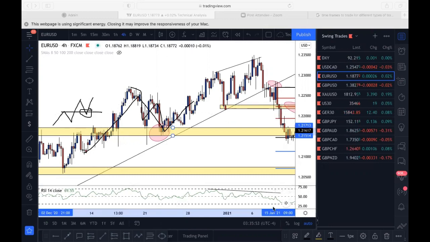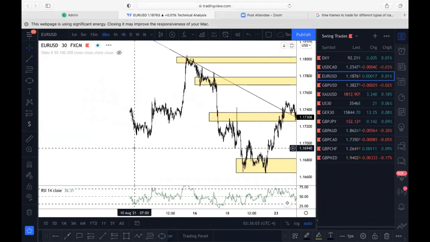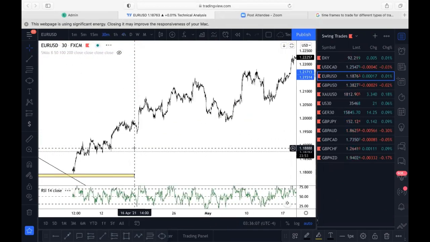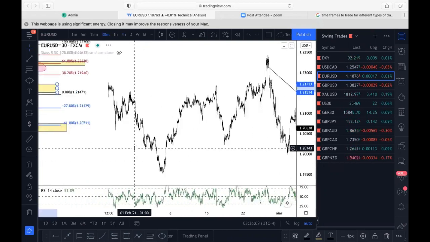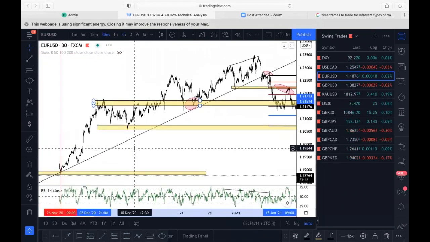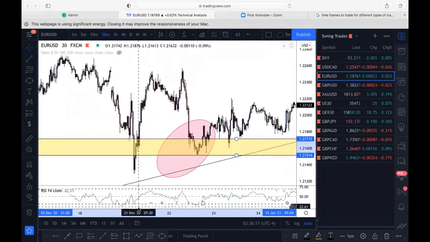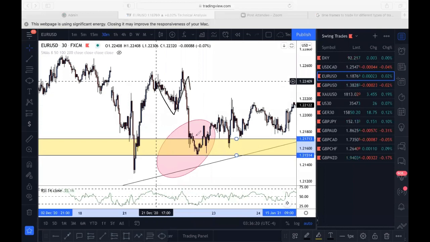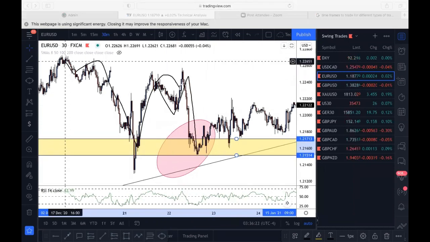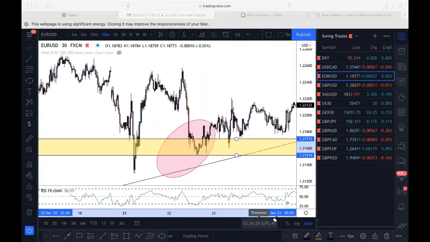Okay, so I'm gonna go back to the lower time frame and show you. So just like I said, you see a selling trend, you don't want to enter. You want to enter on a buying trend, bullish engulfings, or red, yellow, green.